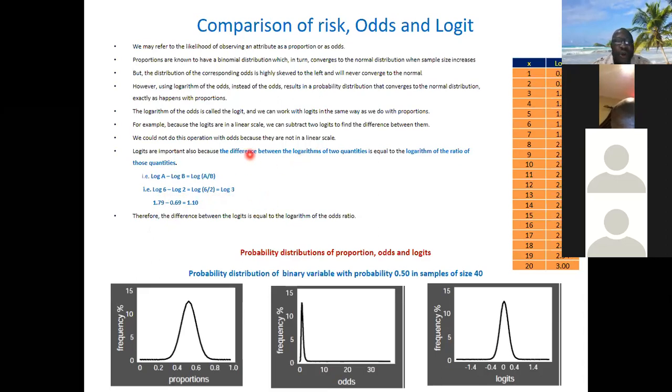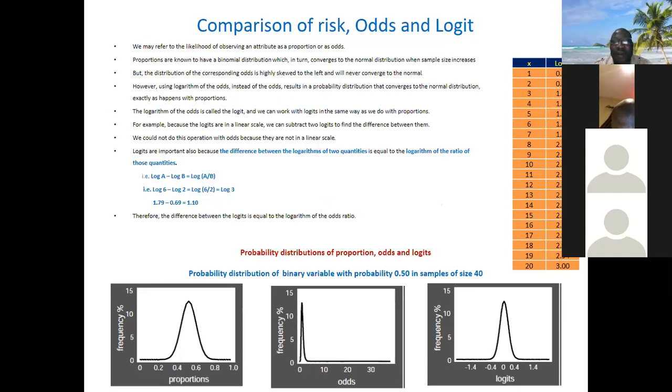The logarithm of 6 in this case is 1.79. The logarithm of 2 is 0.69. When you remove 0.69 from it, it gives you 1.1, and that is the same thing as logarithm of 3, which is 1.10.